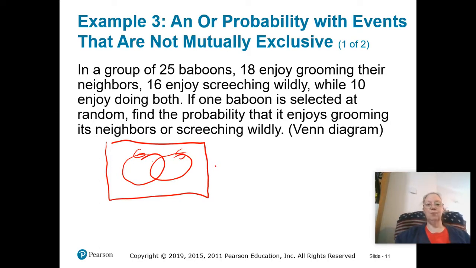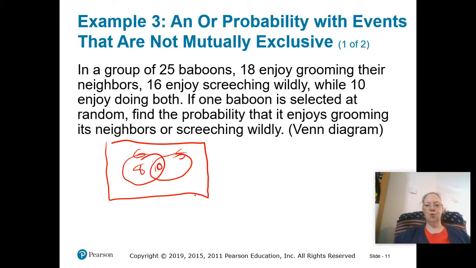10 enjoy doing both. If you guys remember when we were working with sets, the ones that do both, we do those first, right there. So we put those in the middle first. And then 18 enjoy grooming, but that's already counting the 10 that enjoy doing both. So the ones that just groom, that's 8.